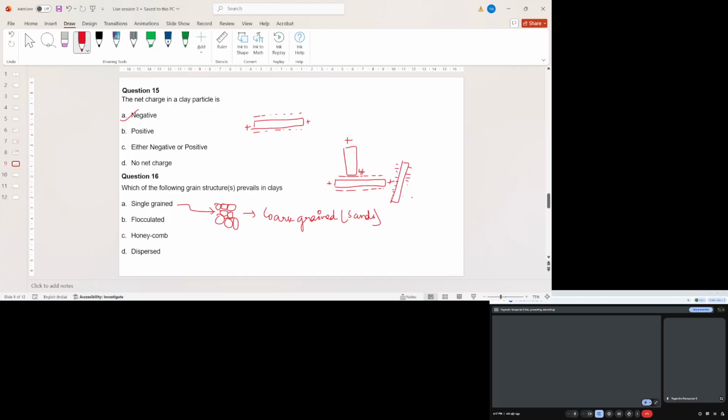This is an edge to face or edge to edge connection. Edge to face, or edge to edge connection. This refers to flocculated structures.